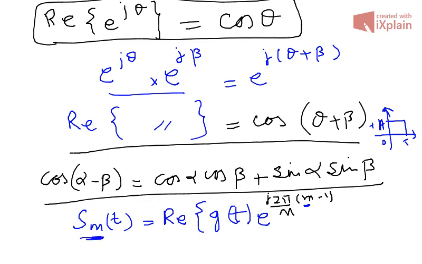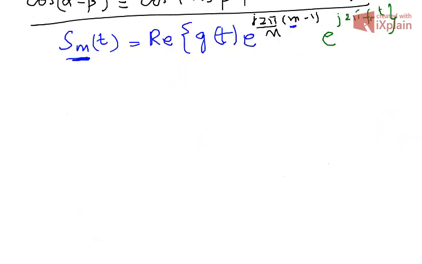See, this m appears here also. So this is the only difference in different symbols. You will see it in a short while. And then you have e raised to the power j 2 pi f c t, right? So this is your signal waveform, which is represented in this form. So let me explain it further.